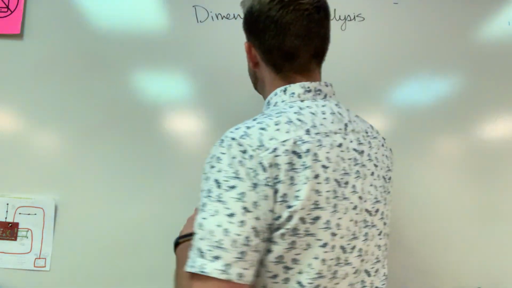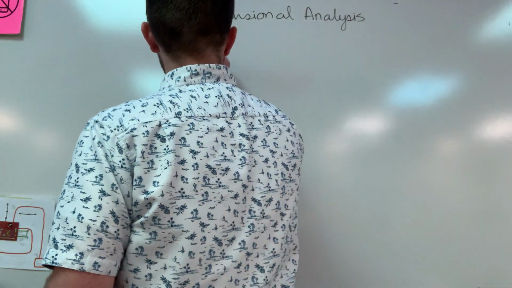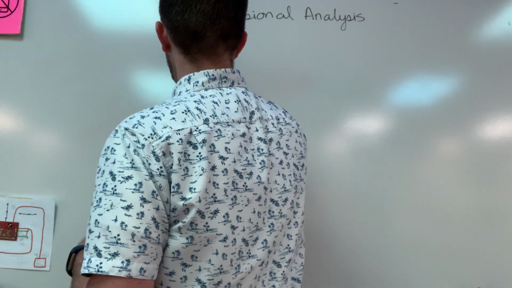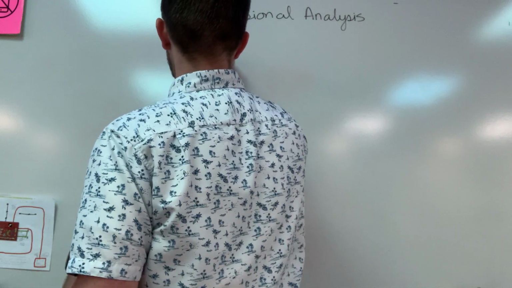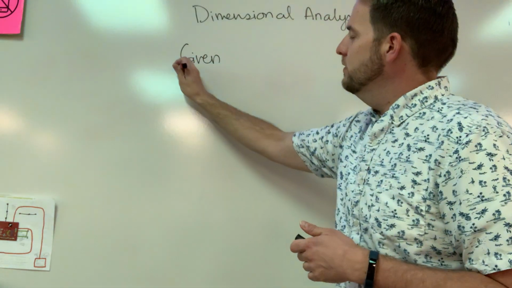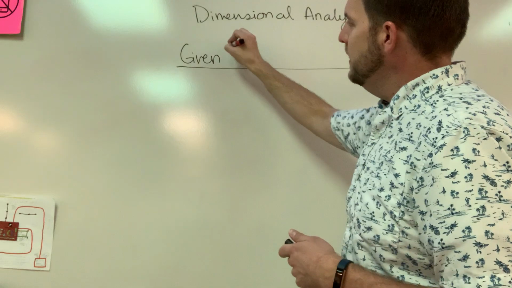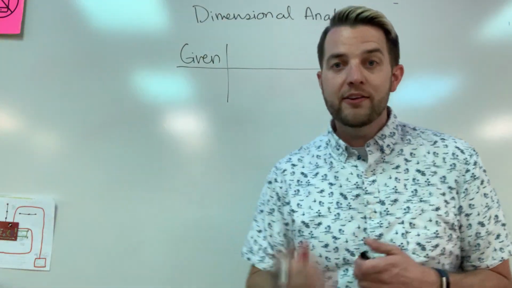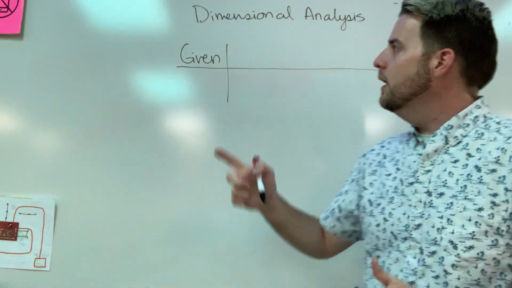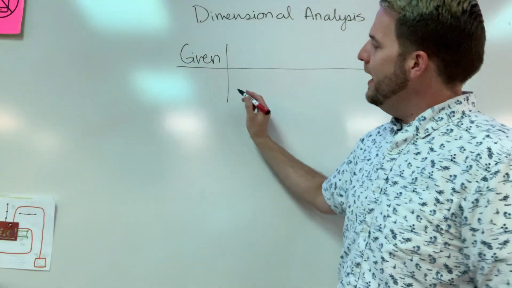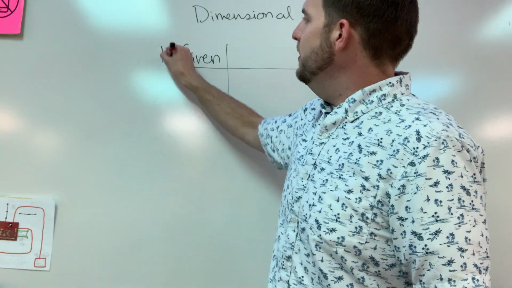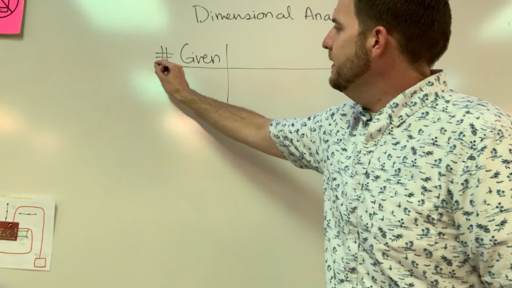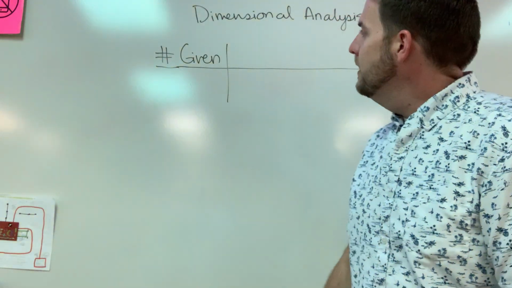So in dimensional analysis, you essentially start with what you are given, and you use the T-chart, train tracks, whatever you want to call it. Let's say we have a number with a given unit, okay?